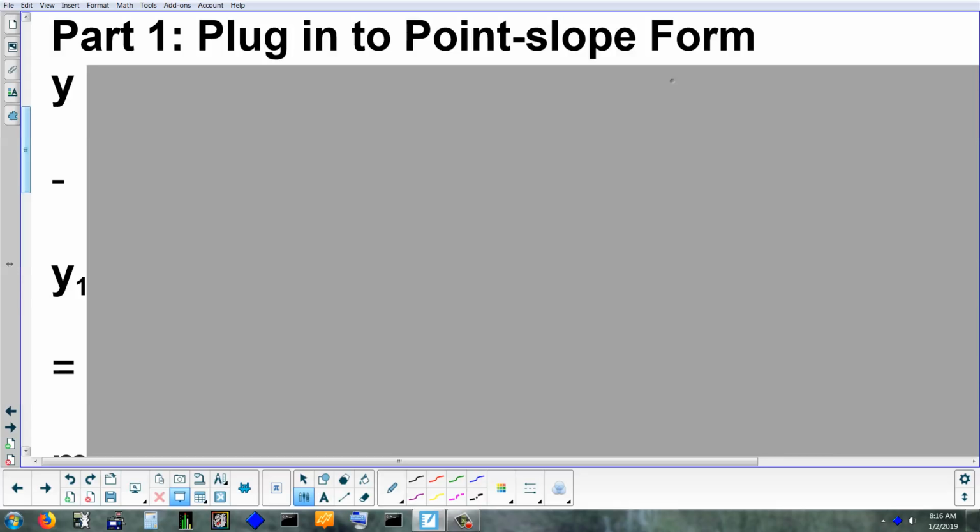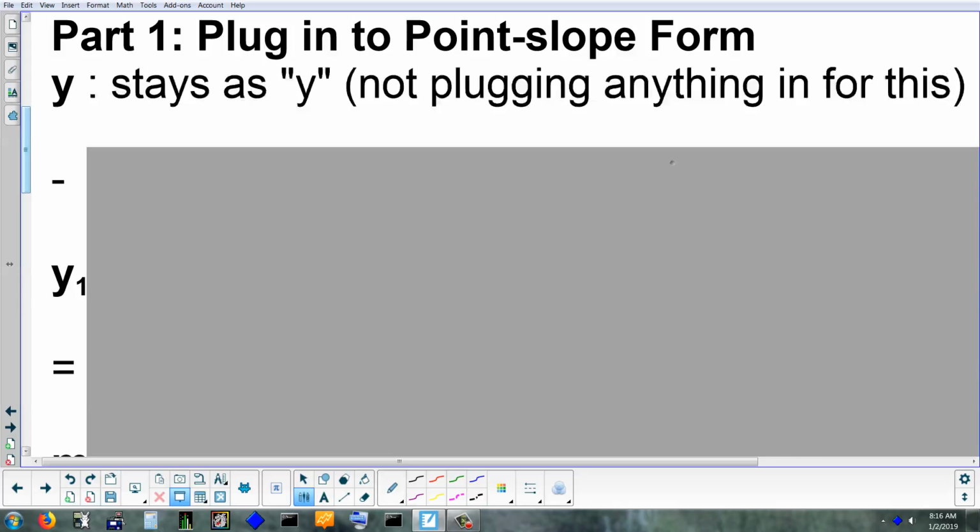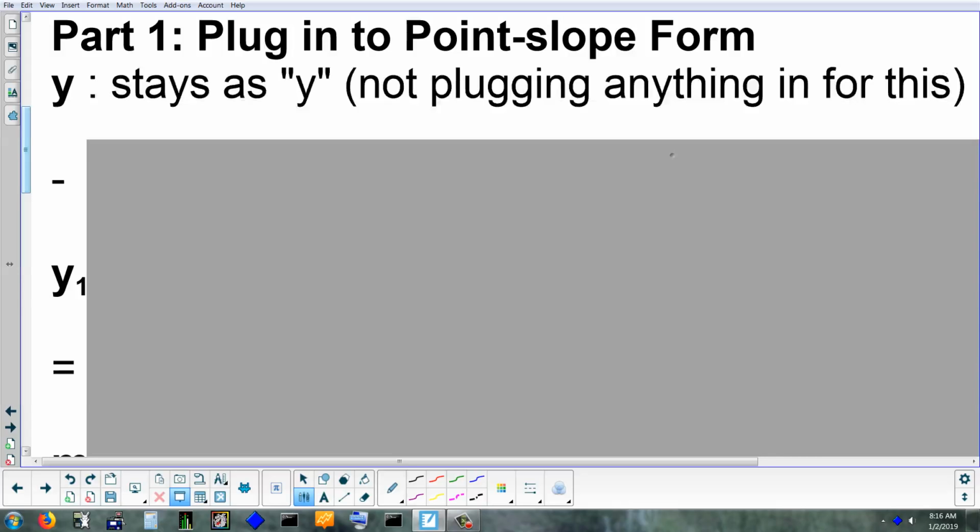Look back to the warm-up. Did we ever change the y? No. The y just stays as y. So you don't have to plug anything in for the y. Every answer that you write is always going to have y as the very first thing in point slope.